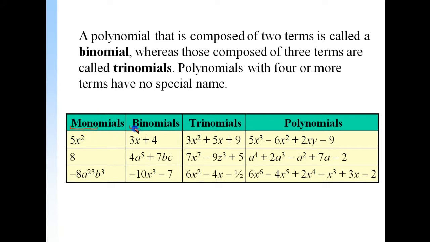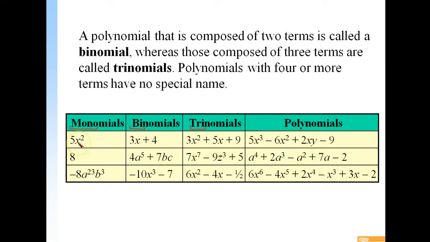Binomial is the prefix, bi, for 2. And then tri, the prefix for 3. After that, 4 or more, they're just given the name polynomials. But all of these are under the umbrella of polynomials.